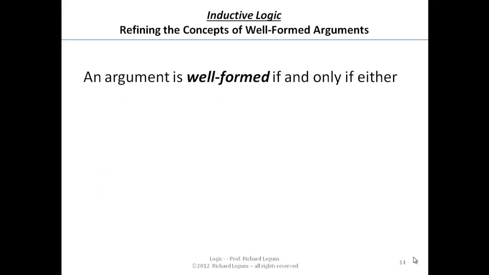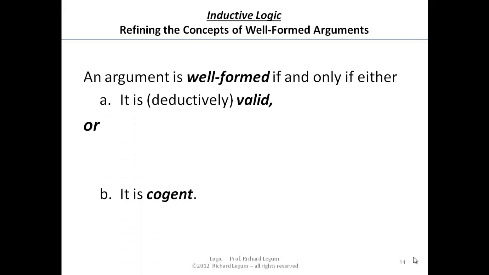Now, to refine the idea of a well-formed inference or argument, one that has good logic: an argument or an inference is well-formed if and only if it's deductively valid, or, now we have the new term, it is cogent. So here is our new idea of what a good, well-formed inference is.